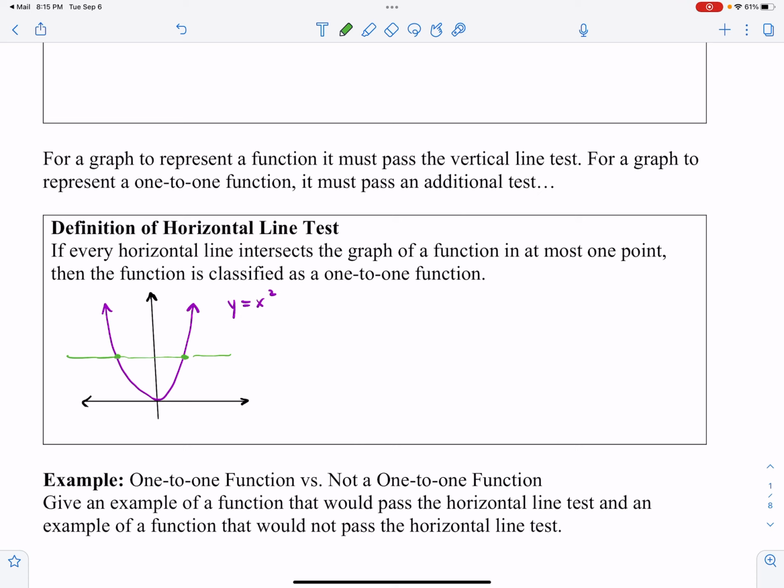Now, if we drew a horizontal line at y equals 0, yes, it only intersects at one point, but it's because there are horizontal lines that we could draw that would end up intersecting at multiple points that this graph fails the horizontal line test, right? If we thought about this point as being the point, let's say (2, 4), and this point being (-2, 4), right? That y value 4 ends up corresponding to two different x values. So y equals x squared fails the horizontal line test and is therefore not a one-to-one function.